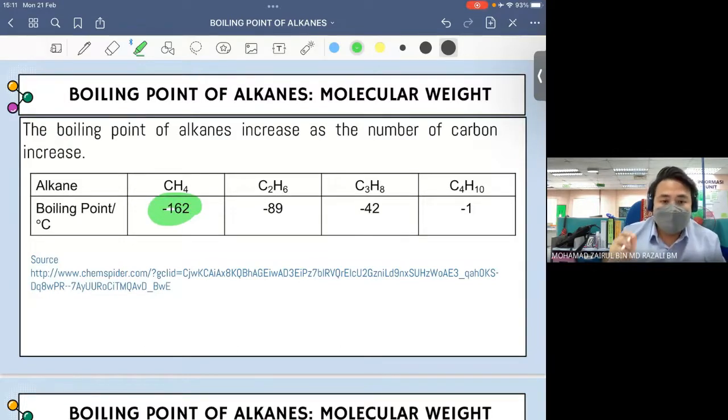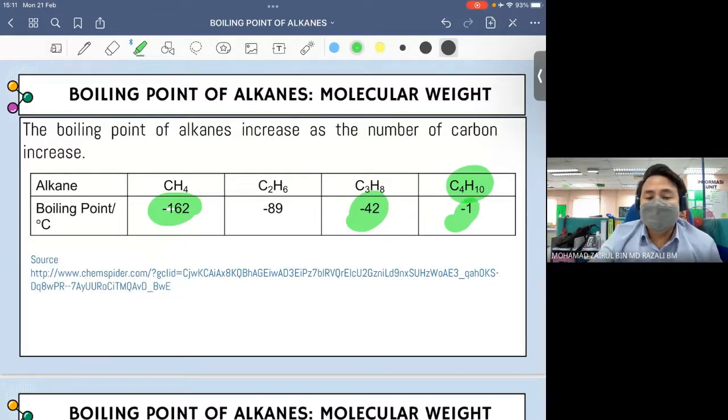For ethane, saya add another carbon, awak tengok boiling point itu increase from negative 162 degrees Celsius to negative 89 degrees. And as I further added another carbon, it increases to negative 42. And for butane, negative 1. That means the smallest alkane easily vaporizes, maknanya dia easily become gas.